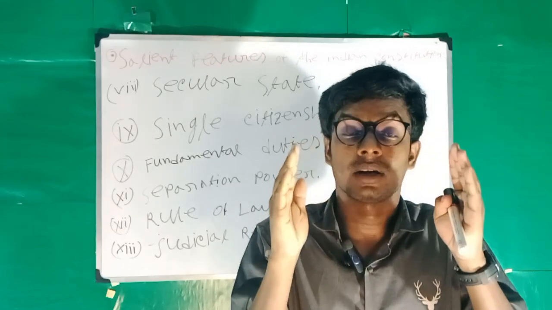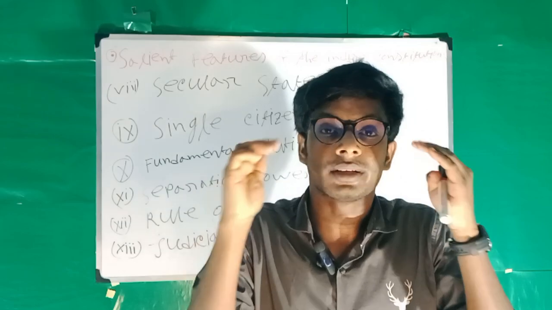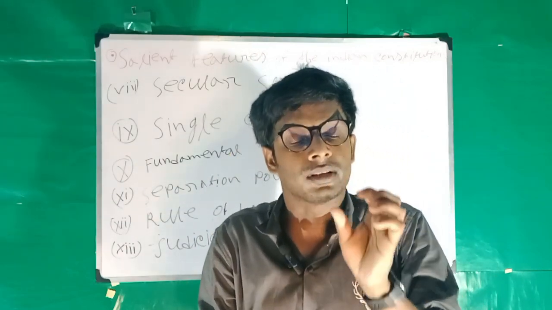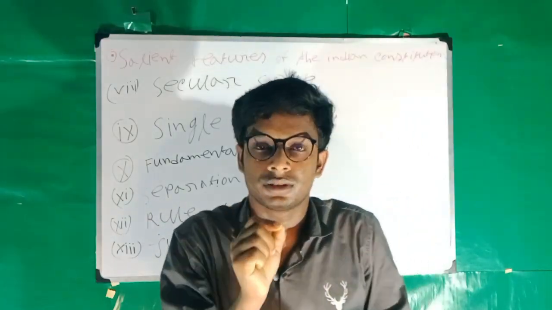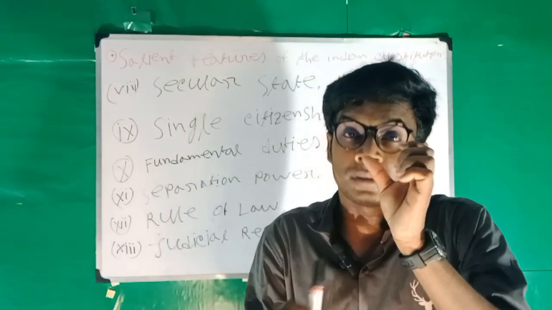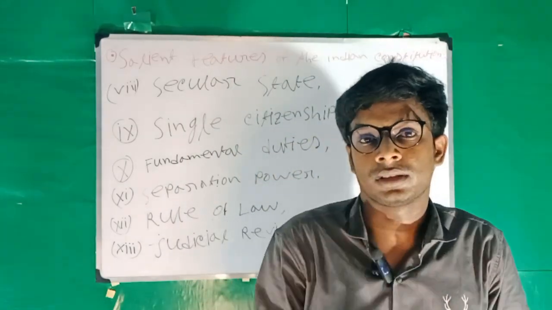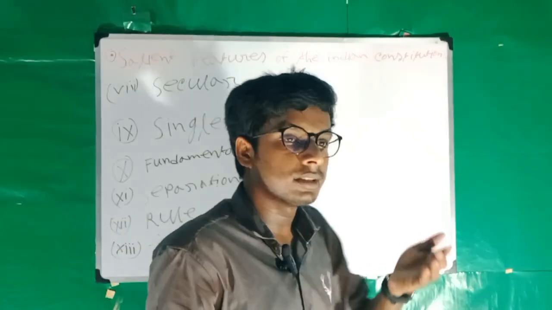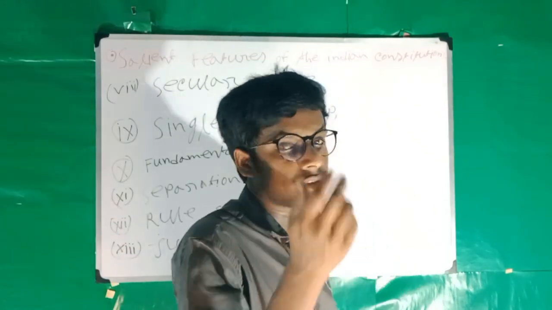Every person has equal right to religion and the right to exercise their religion, which is provided by the Indian Constitution. That is defined in Article 25 to Article 28 of the Indian Constitution. It is the basic structure of the Indian Constitution, and the right to religion is a fundamental right.